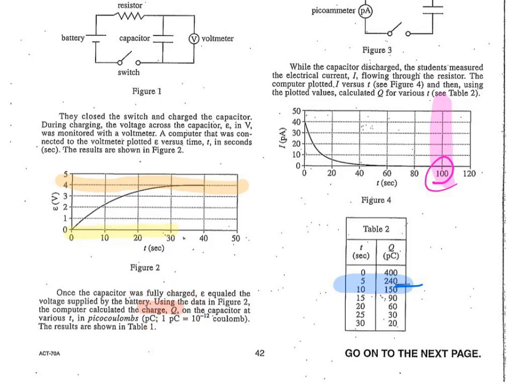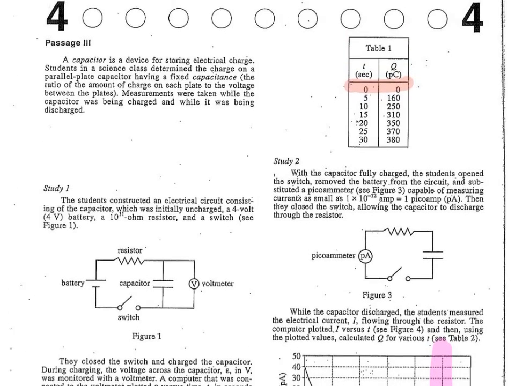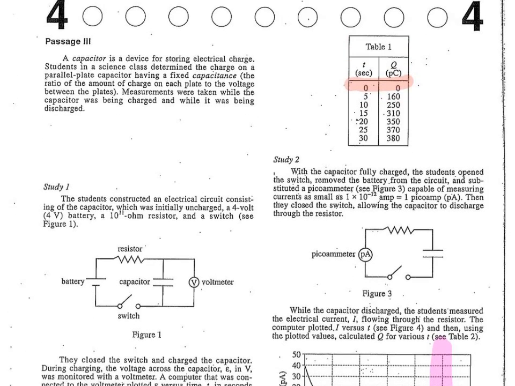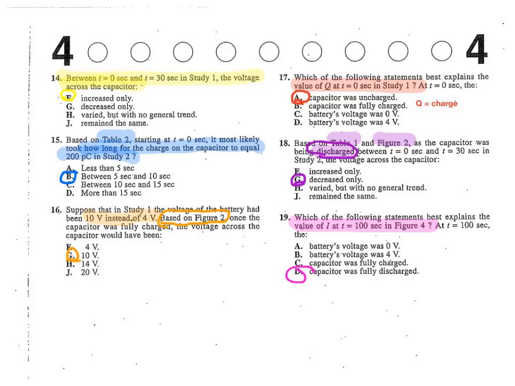Now, when we look at table 1, we'll see that at a time of 0 seconds, our Q was 0. Now this one's a little trickier because it didn't tell you exactly to go to table 1 like some of the other ones did. However, by following some of the clues, like it told us we were going to be looking somewhere in study 1, and it told us that we're going to be looking at the value Q, we could go back and see that Q was touched on in table 1, which would help us get to the answer of A, saying that the capacitor was uncharged.